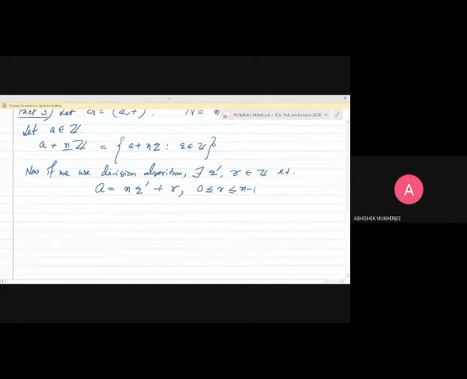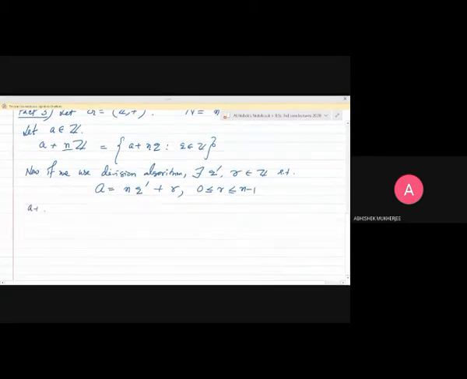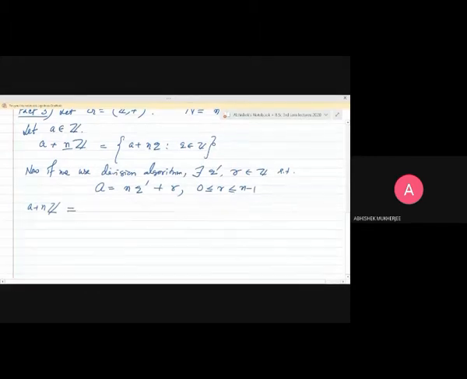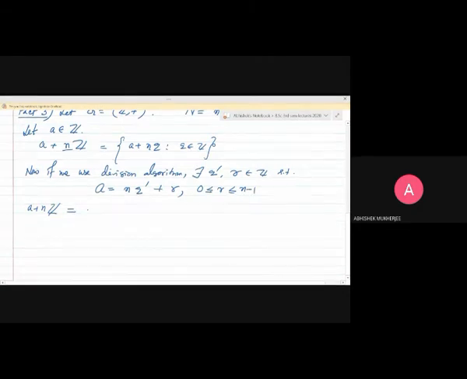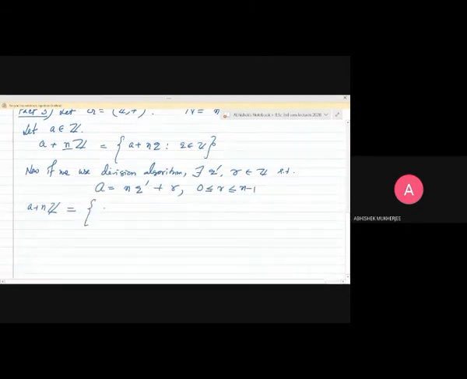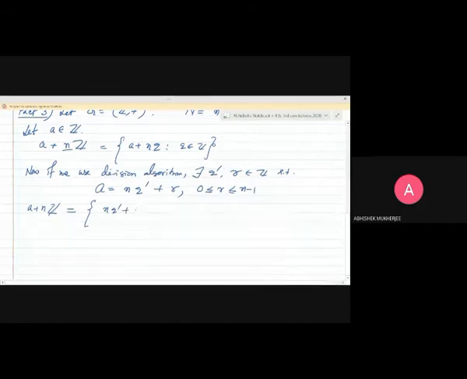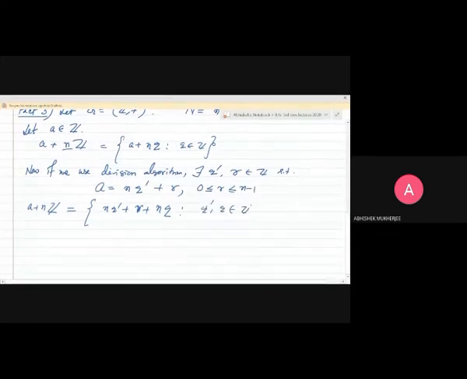So that means a plus nZ will take the form of, suppose if r is 0, then a will be nq dash. So it is nq dash plus r plus nq, where q dash and q both are in Z, right?